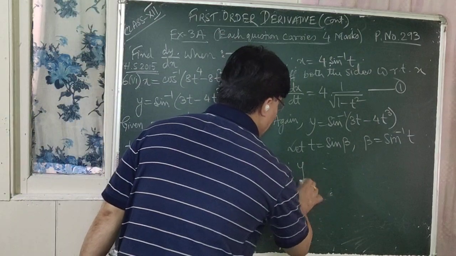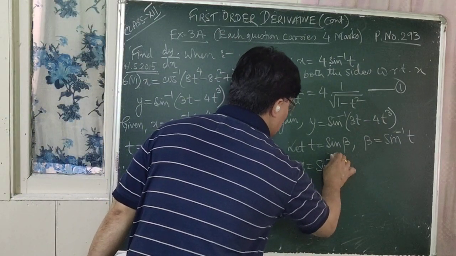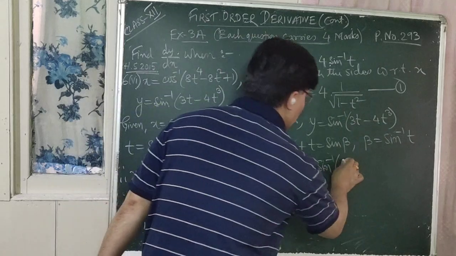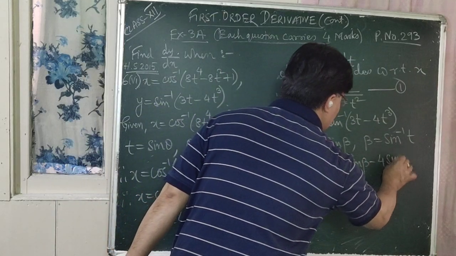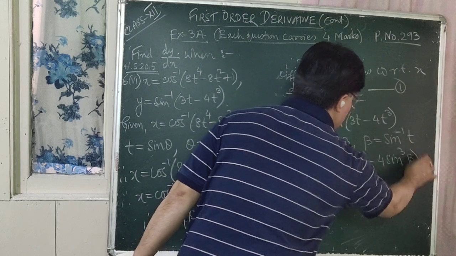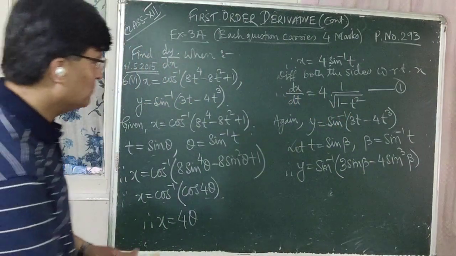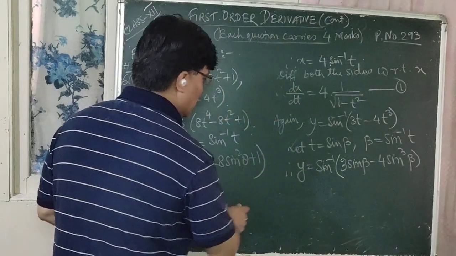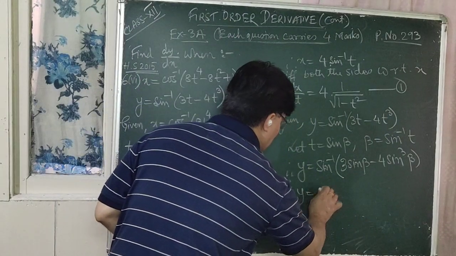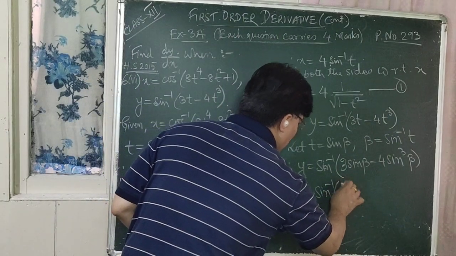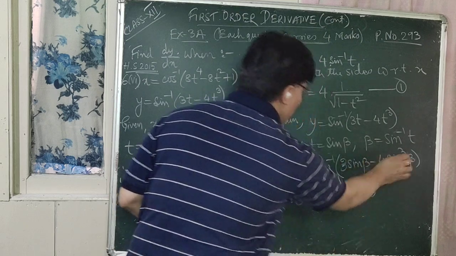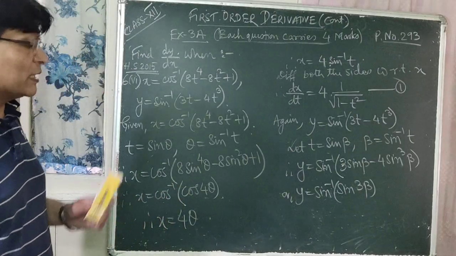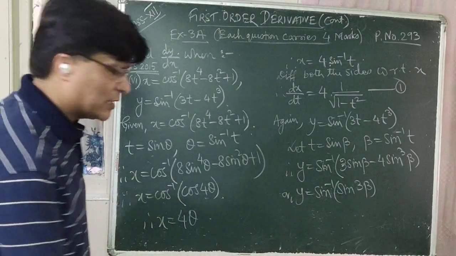Therefore, y is equal to sine inverse within bracket, instead of t you write sine beta, minus 4. What is t cube? It is sine cube beta. Is that clear? Next, what will you do? y is equal to sine inverse within bracket, it is sine 3 beta, right?